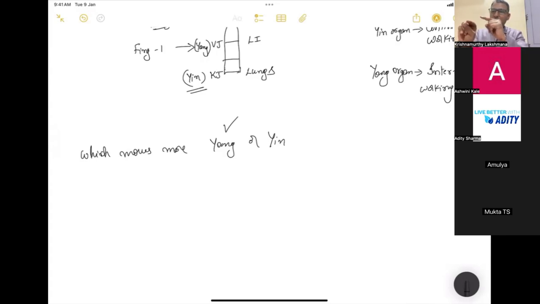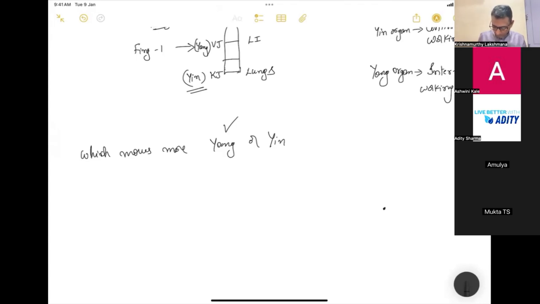So there is so much movement in Vata, and in Kapha only little movement. In Pitta there is a mild amount of movement. You are seeing? Understanding?